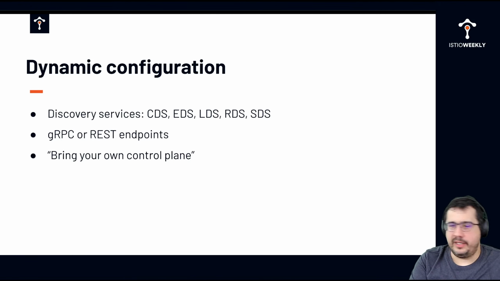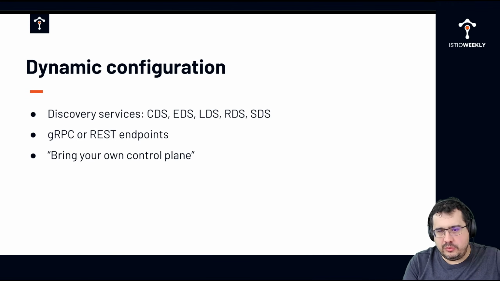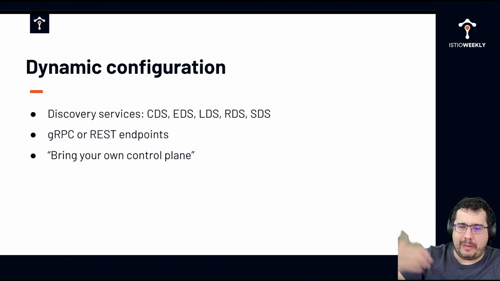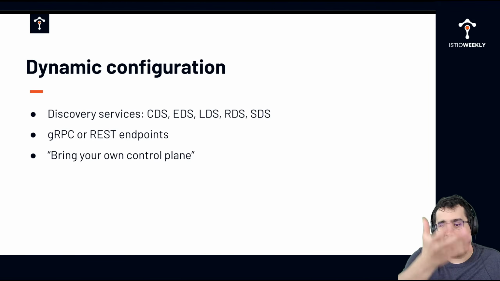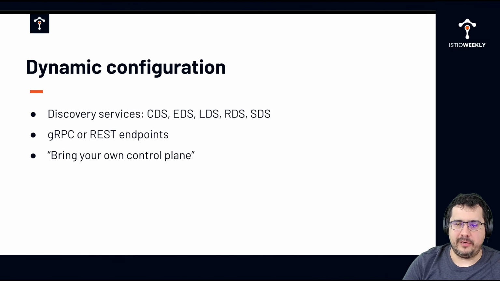It reads the Kubernetes services, it reads the service endpoints in Kubernetes, it gets all the IP addresses, it gets all the ports, and then it converts that raw data from Kubernetes into configuration that's readable to Envoy. And since Envoy is configured to talk to the pilot to get its configuration, pilot sends that Envoy configuration back to the proxies, to the data plane, through these different discovery services.